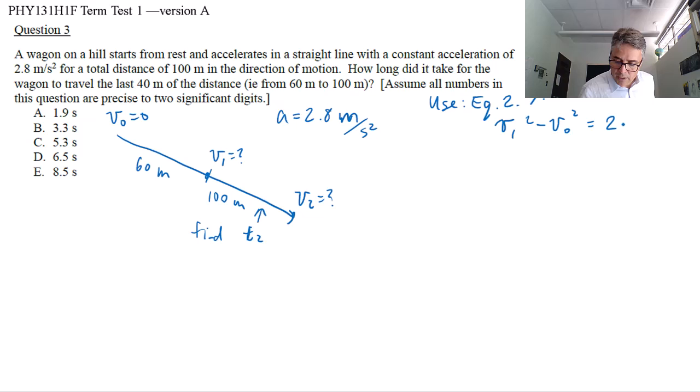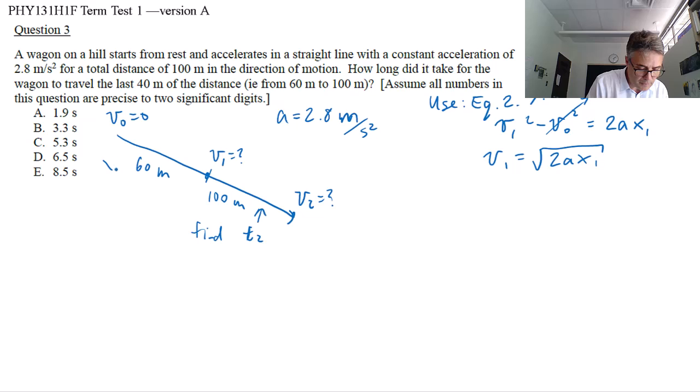to 2 times a times, I'll call it x1, that distance that it travels. So, for example, v0 is equal to 0, right? So v1 just equals the square root of 2 times a times x1, where x1 is 60 meters.